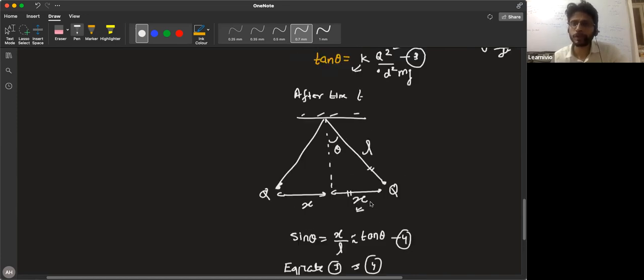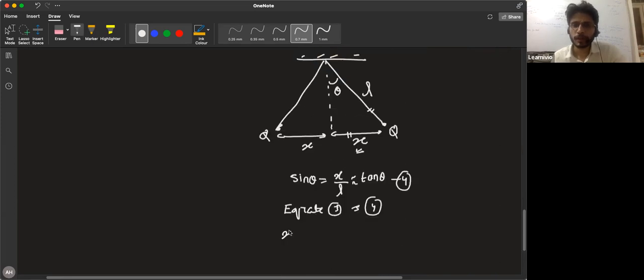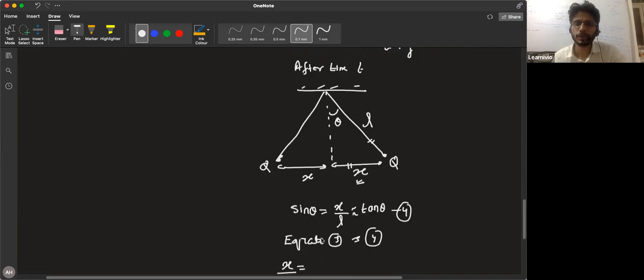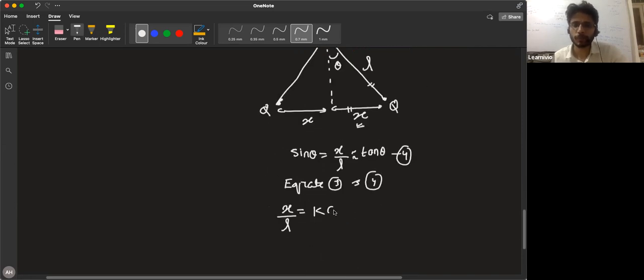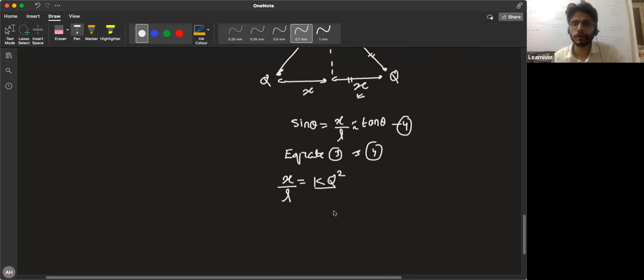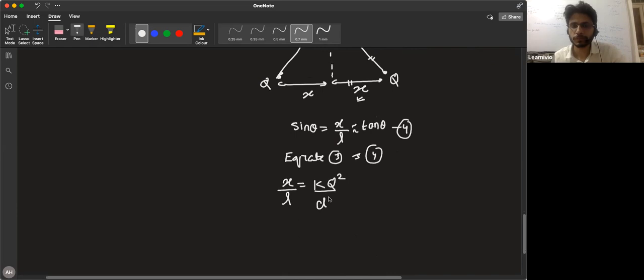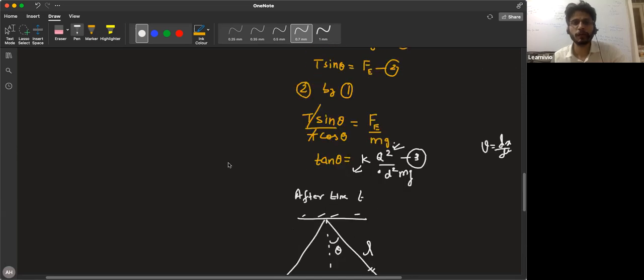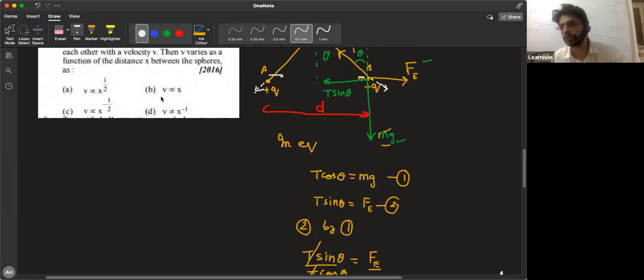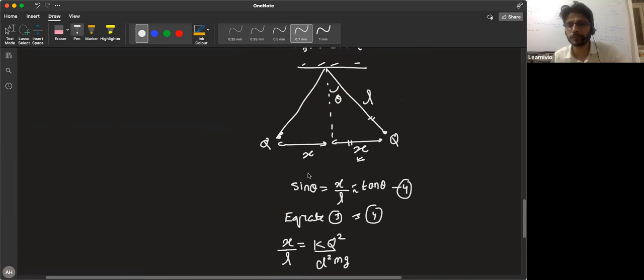When we equate 3 and 4, we get x by L is equal to k q square over d square mg. So q square is directly proportional to x. You just have to find the proportionality; it's not asking for the exact expression.